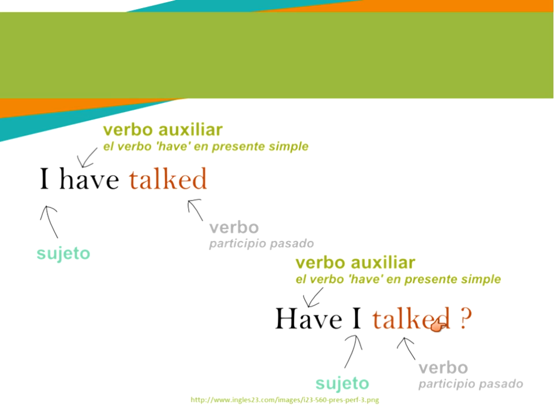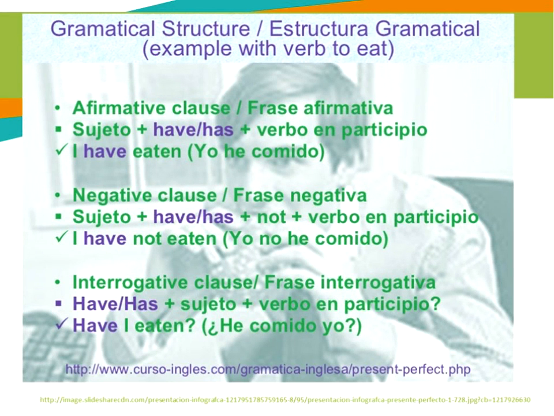If you have a regular verb, not an irregular verb, this past participle is going to be the same as the past. Talk, talked. In the questions, remember that the auxiliary is going to be before the subject, and then you use the verb. So this is the grammar of it.